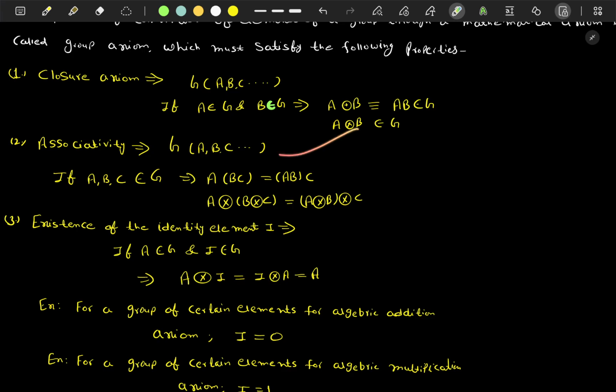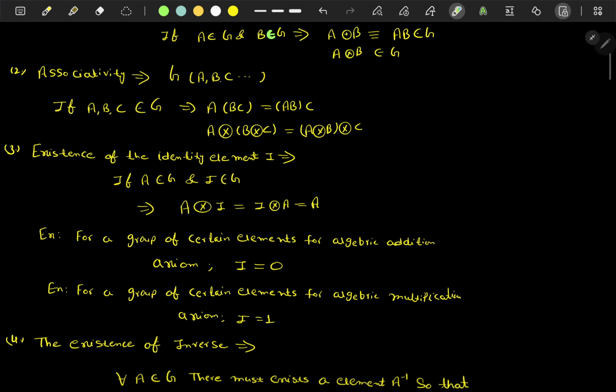What is associativity? Again, we have a group with distinct elements. If we apply the operation on B and C and then apply it on A, then it must give the same result as when we applied first A and B, then C. It is associativity.